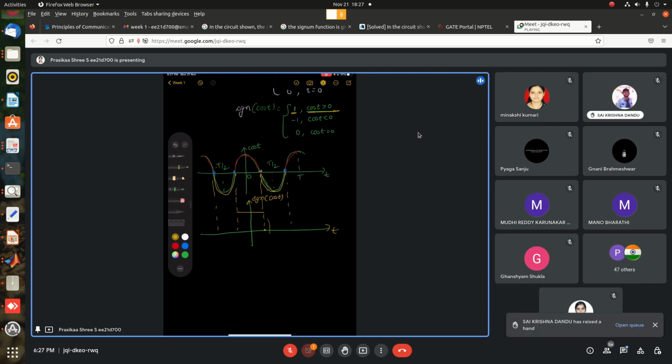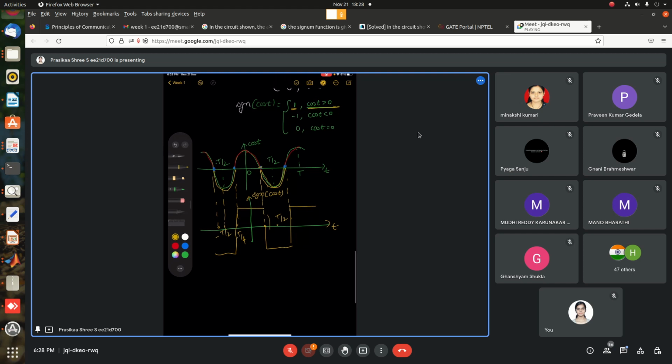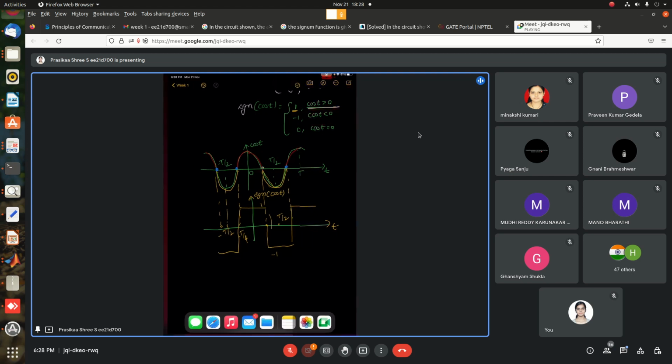When cos t is less than 0, the value is minus 1. So something like this is repeating. Here it is T by 2, this is T by 4, here it is again T by 2. This is the graph of signum of cos t. Understood till now? So this is the doubt you had, right? Is it clear now?